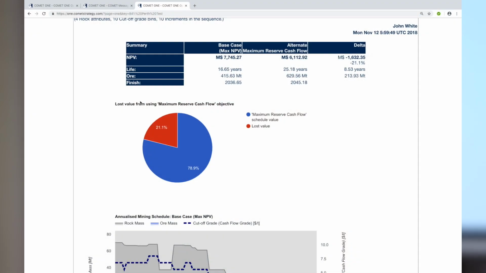Obviously, different data sets will give different results, but this has come from real data, so the numbers we're getting are not totally unrealistic. If anyone was to actually operate a mine with a break-even cut-off grade, a 20% increase in net present value is not unreasonable.